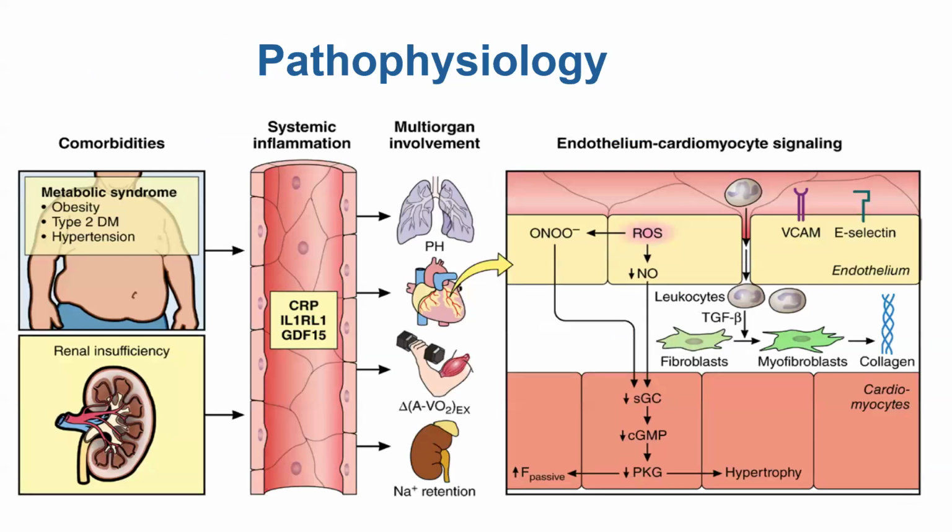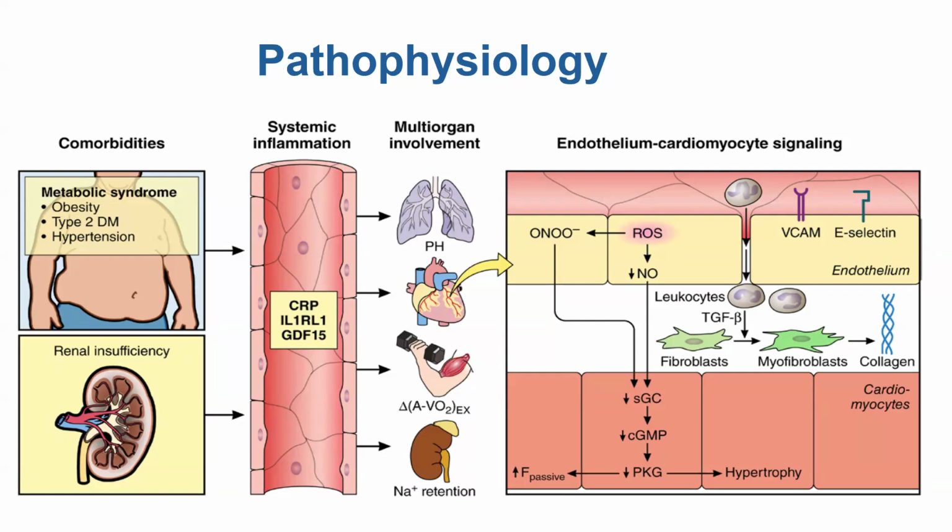So the pathophysiology of heart failure with preserved ejection fraction is a bit complex. You start with comorbid conditions like metabolic syndrome and things like hypertension, type 2 diabetes, and renal insufficiency. These drive a pro-inflammatory state that is marked by raised inflammatory markers like CRP and GDF-15.